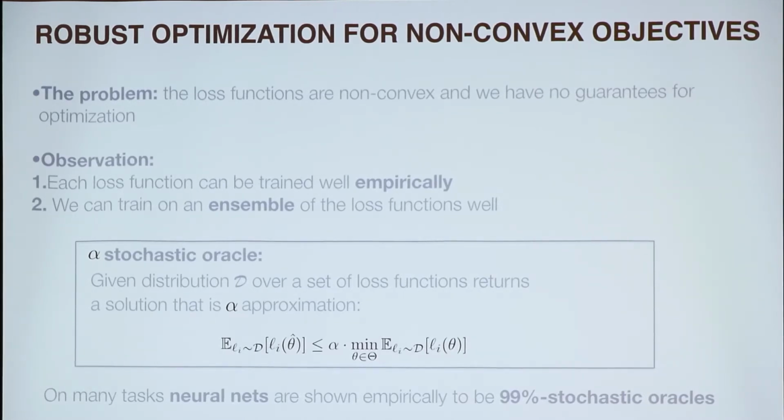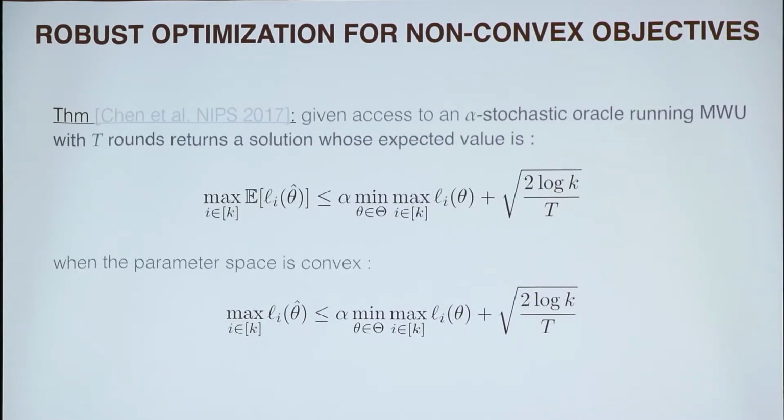The idea is to get rid of the fact that we don't have any guarantees for training neural networks. We push that to the alpha stochastic oracles, and then ask what guarantees we can get, conditioned on the fact that we know how to train neural networks well. Using the techniques of boosting, or multiplicative updates, whenever we have access to an alpha stochastic oracle, we can run a multiplicative update algorithm with T rounds, and we get a very good approximation to the optimal min-max solution.